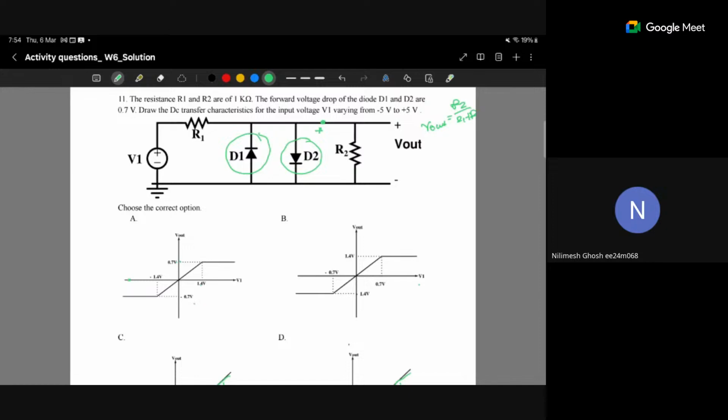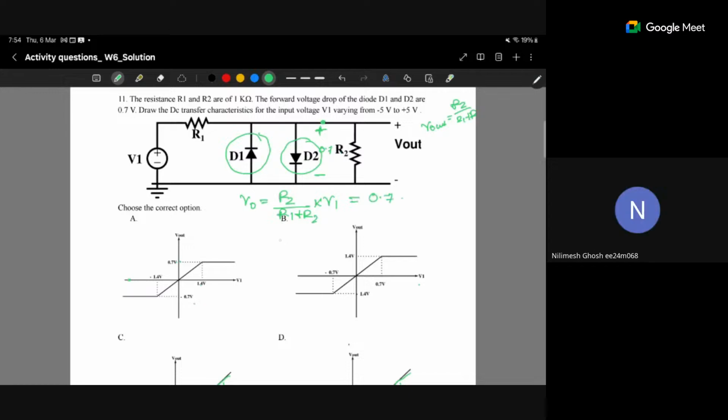To get diodes D1 and D2 turned on, we have to make this voltage 0.7 volt. Now, when this voltage will be 0.7 volt, we can say that Vout equals R2 by R1 plus R2 into V1, and this is equal to 0.7 volt, right?